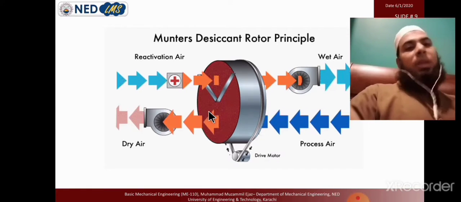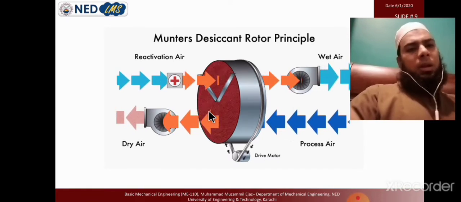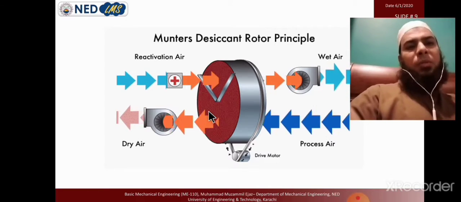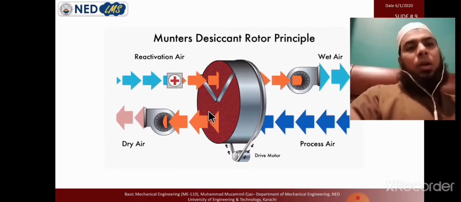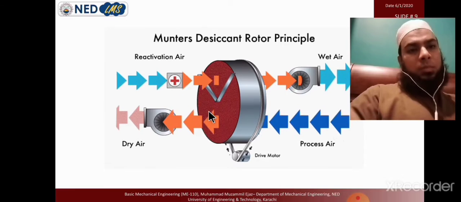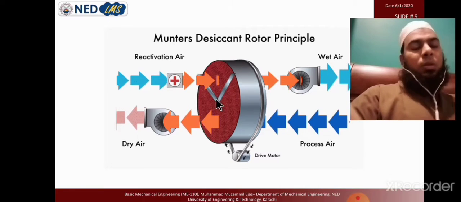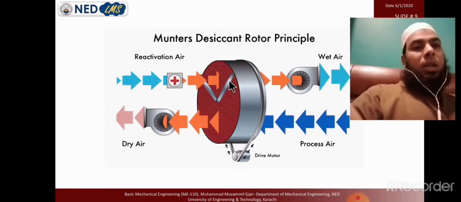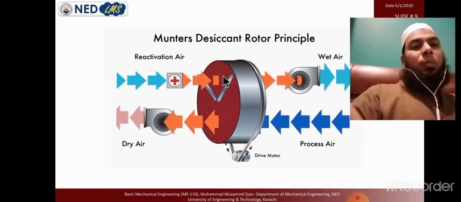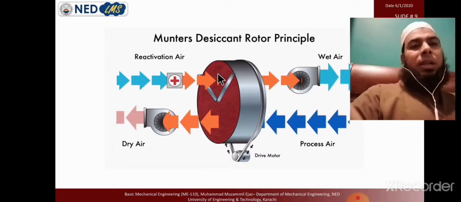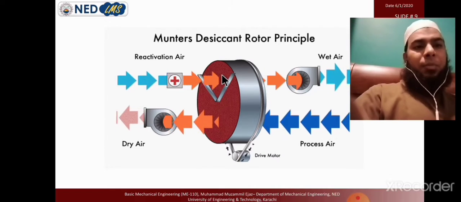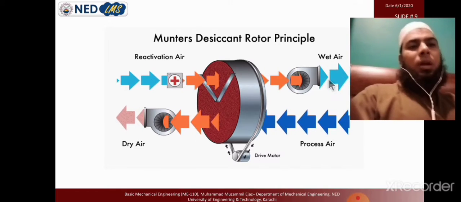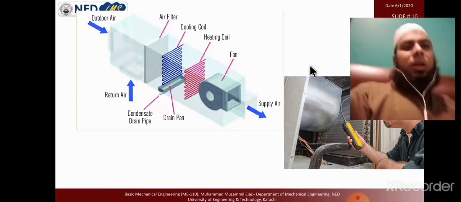It needs to be regenerated. It can hold, let's suppose, 0.15 milligram of water, but after that it cannot absorb more water, so it can be regenerated by reactive hot air. By hot air, the moisture absorbed in the silica gel evaporates and goes out to the outside air.